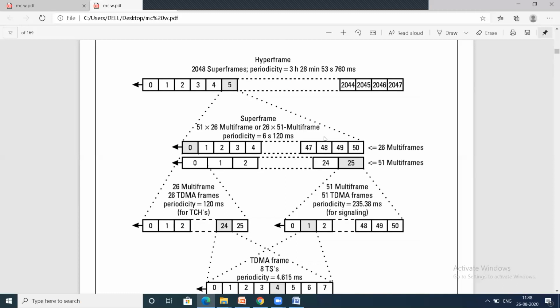And again, these two combine to form a hyperframe, which has 2 power 11, that is 2048 super frames. That is a hyperframe.